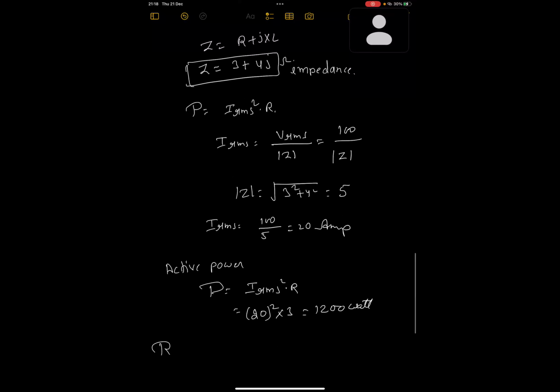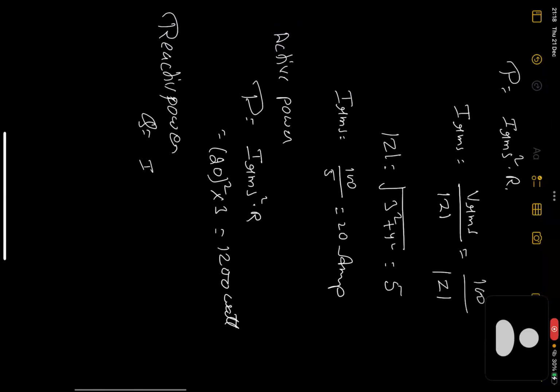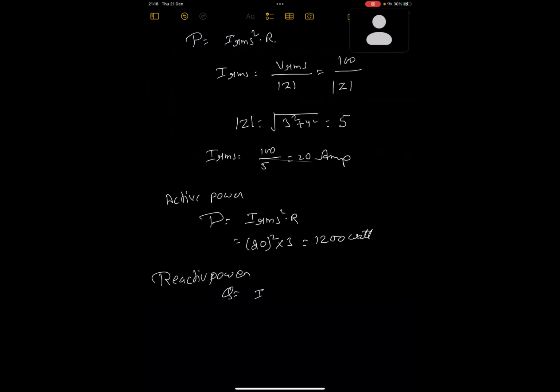Reactive power Q, you know, is IRMS square into XL. 20 square into 4. So 1600 VAR.